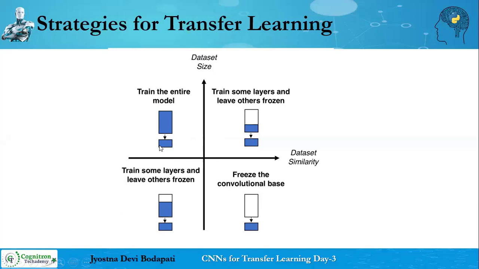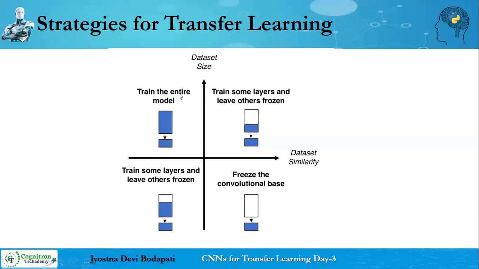So in that case, I can train the entire model, because the dataset is not similar to the ImageNet dataset. VGG 16 is actually designed for the ImageNet data collection, but my dataset is completely different, like leaf disease prediction and so on.